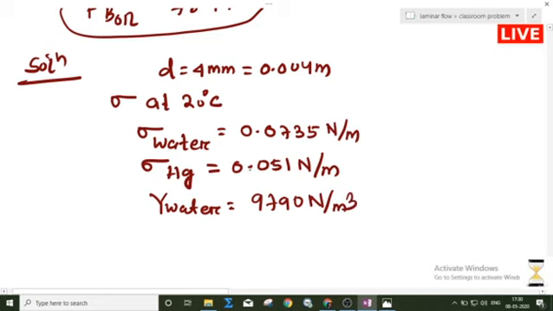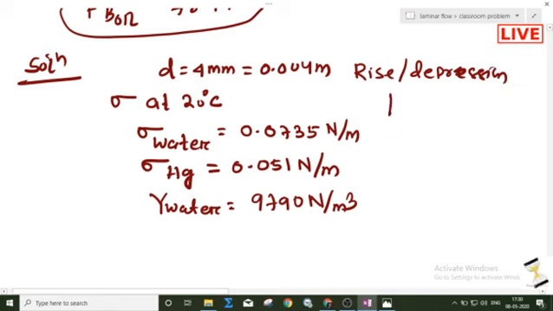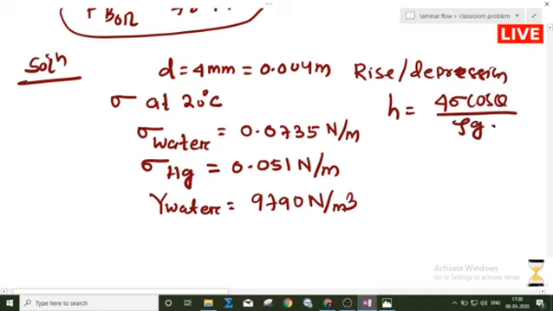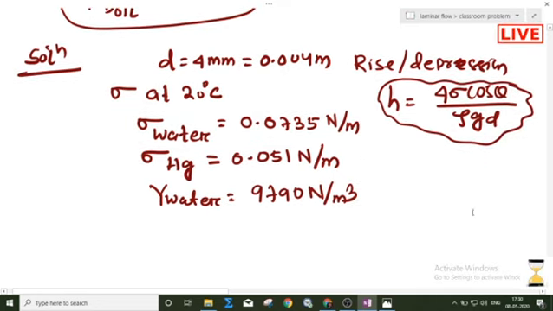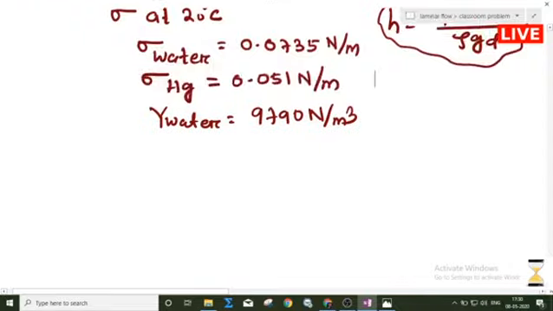So we have to find out what is the rise or depression. We know for rise or depression or fall, whatever we can say, the head of the fall or rise is 4 sigma cos theta divided by rho g d. This class is for your practice. Okay, you practice as many numericals as you can, so you will get confidence in this subject.